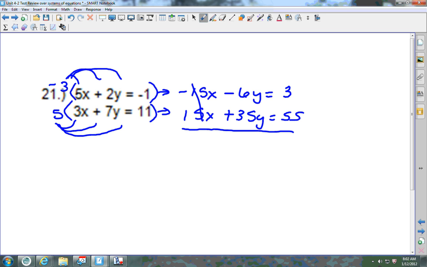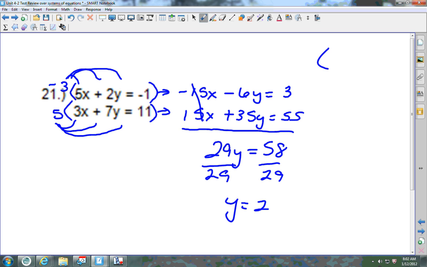Now the x's cancel out, and when you have negative 6 plus 35, that gives you 29y equals 58. Divide by 29. 58 divided by 29 is 2. Y is 2.